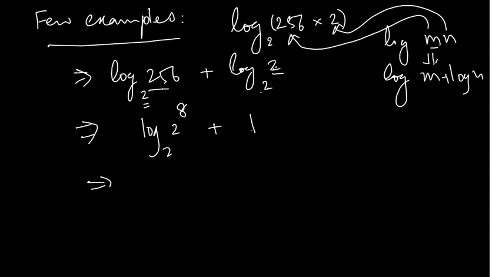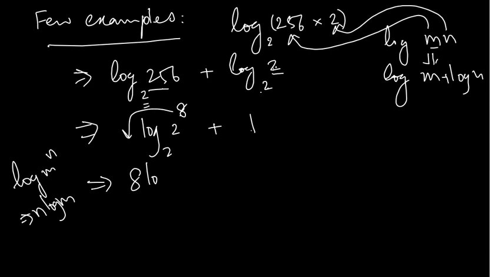Then applying the rule, log m to the power of n gives n log m, so the 8 will come to the front. So we get 8 log 2 to the base 2 plus 1.